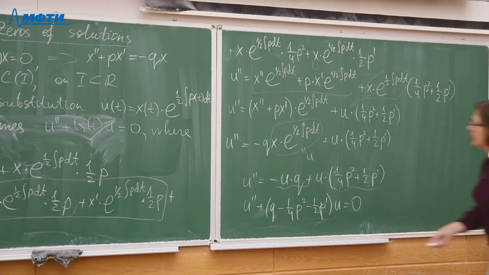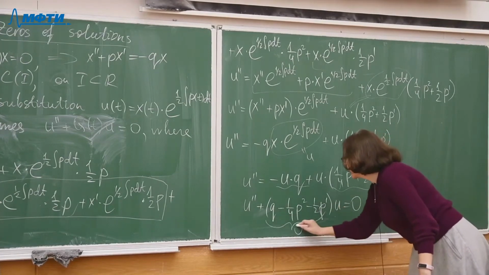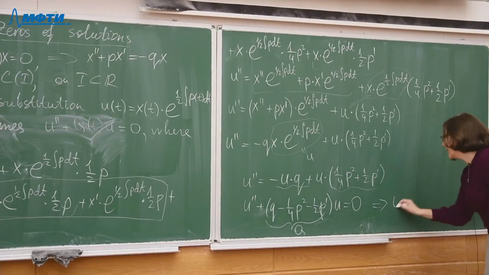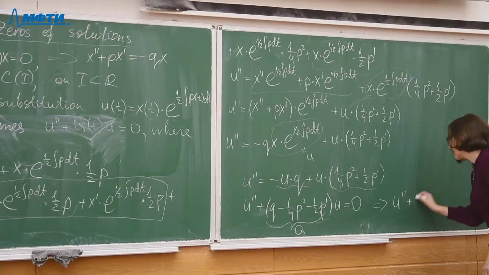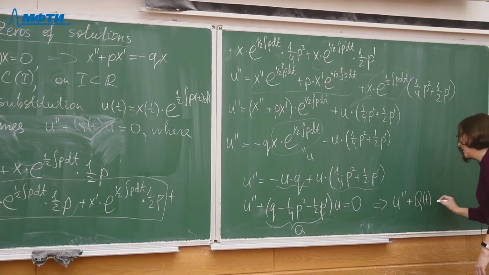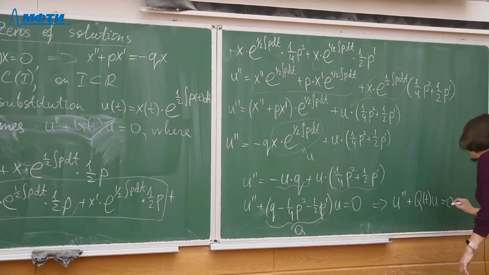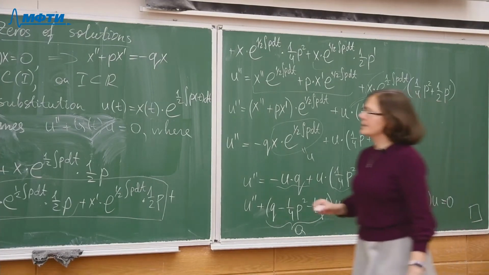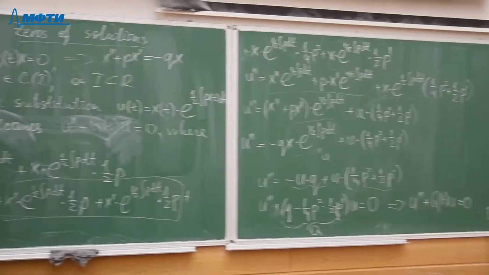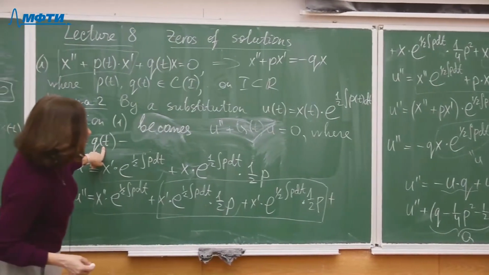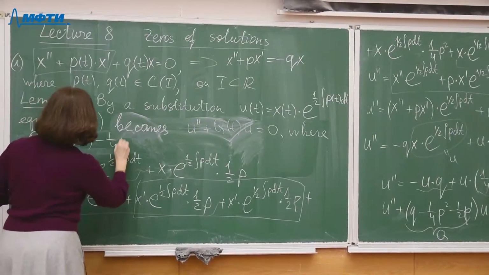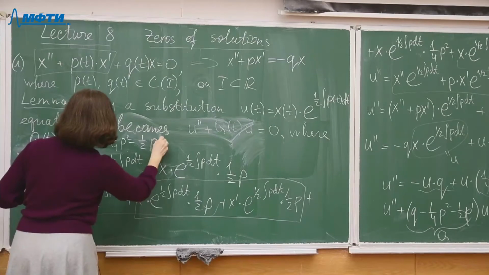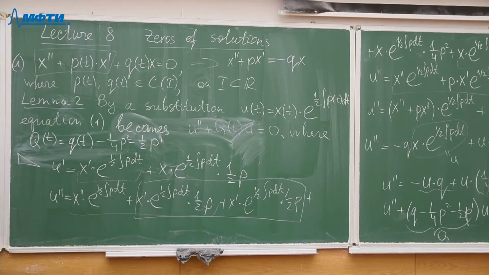And if we denote this term by q, we will get the equation u double prime plus q of t u equals 0. Okay, so the lemma is proved. And so I will finish the formula: q of t is equal to q of t minus 1/4 p squared minus 1/2 p prime. Okay, so this is the lemma.